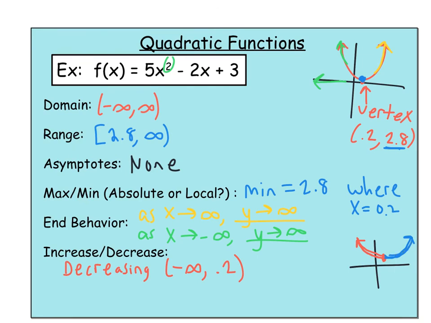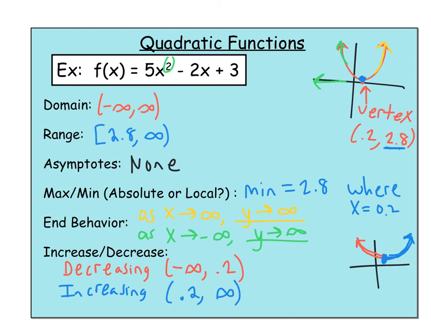That's the cool thing about parabolas. They change. It's now increasing. And we're going to say which interval it is increasing over. Again, x values here. From 0.2, it's going to increase for the rest of the x values all the way through positive infinity.